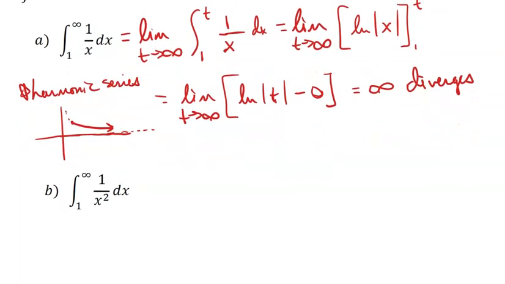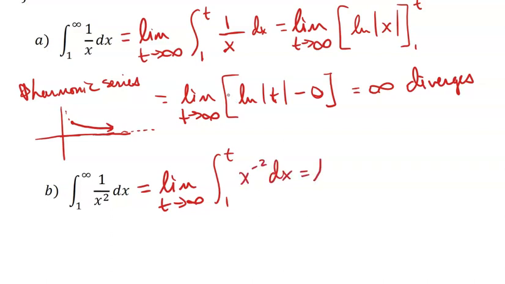Now, this one right here is a little bit different. Let's go ahead and evaluate this. So putting a limit on the front, limit as t approaches infinity of the integral from 1 to t of 1 over x squared, which I'm going to write as x to the negative second because I'm using the power rule.